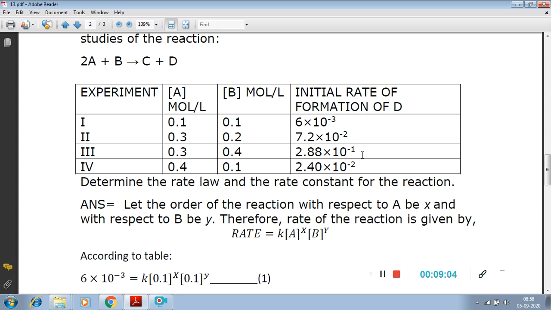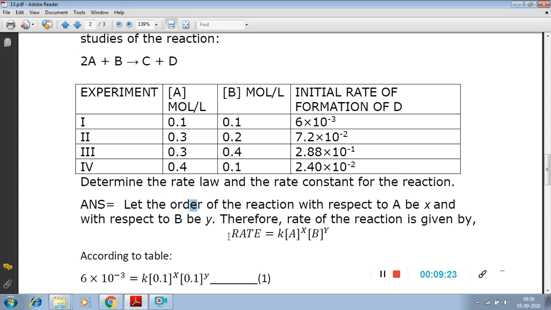We have to find the rate law. Rate law, what is that? The relation between the rate of reaction and the concentration of reactants is called the rate law.